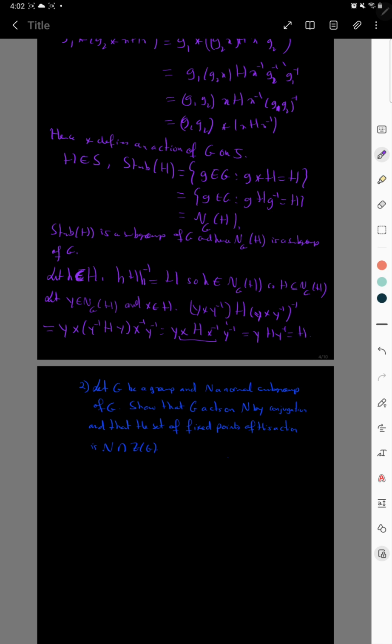This is one way of doing that. So H is a normal subgroup of N_G(H). Here, of course, I use that if y is in N_G(H), then y inverse is also in N_G(H).